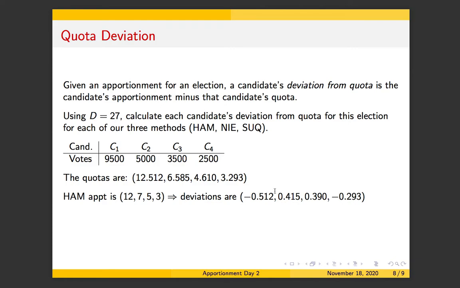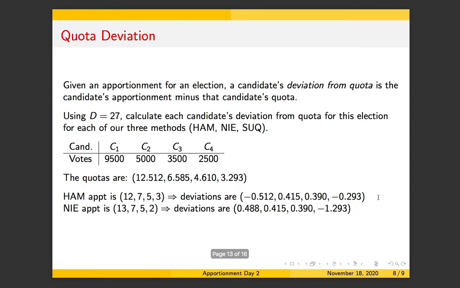So you're going to get positive and negative numbers here, and the positive numbers show you which candidates were favored in this particular election. Of course, if I jiggled these vote totals, that would create new quotas, which would create new quota deviations. So this number here is just saying in this particular election, candidate 1 was disfavored. So anyway, there are the 4 numbers, your apportionment minus your quota.